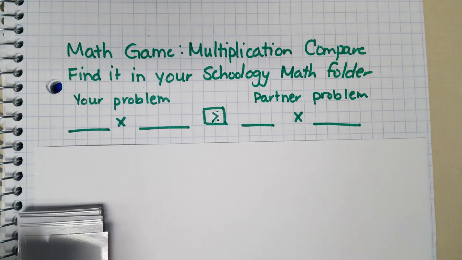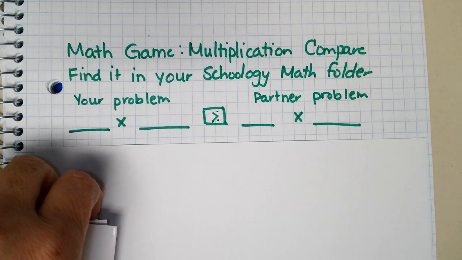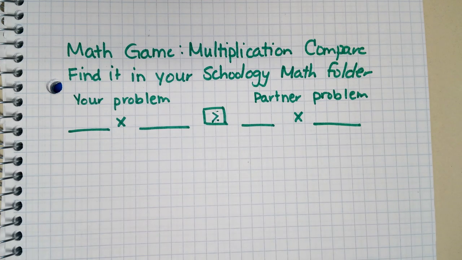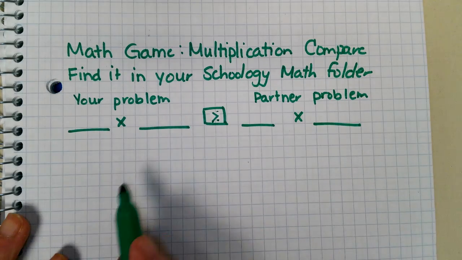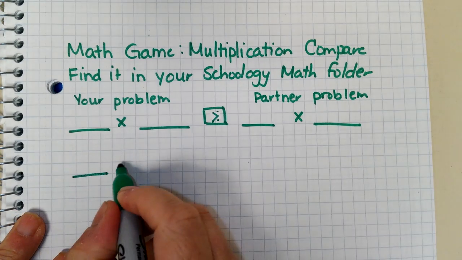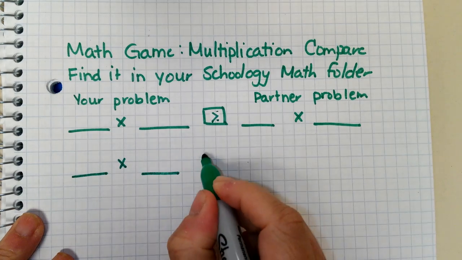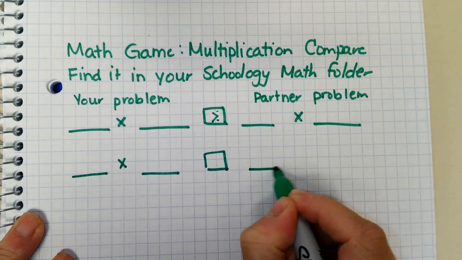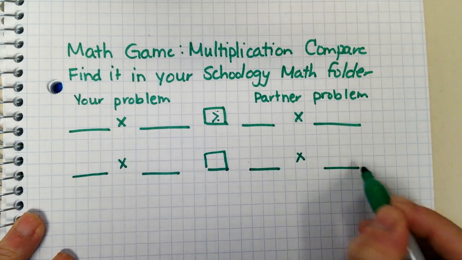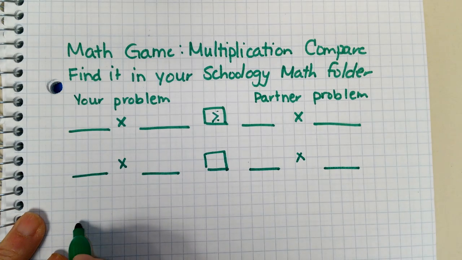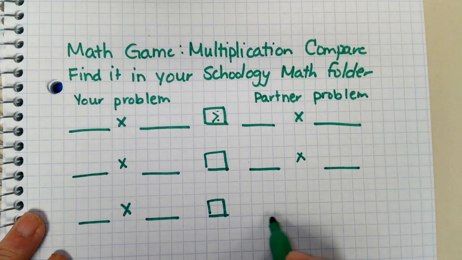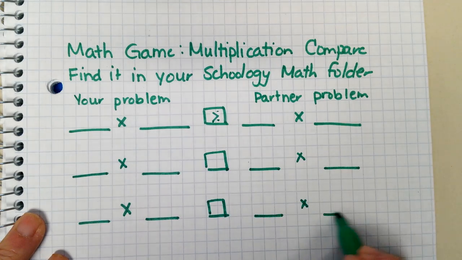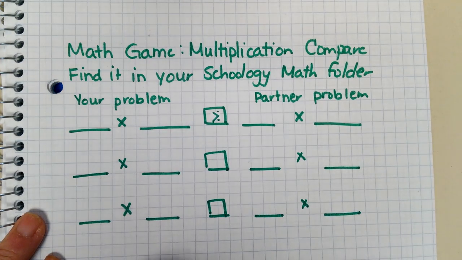I'm going to give you guys that same information and send you onto the computer to be playing your Multiplication Compare, and you're going to notice that there are several pieces. There are several times you're going to be doing this. Just using the estimates, you don't need to solve for the actual answer. You can just look at the estimate and see if you can decide which one is greater than and which is less than.